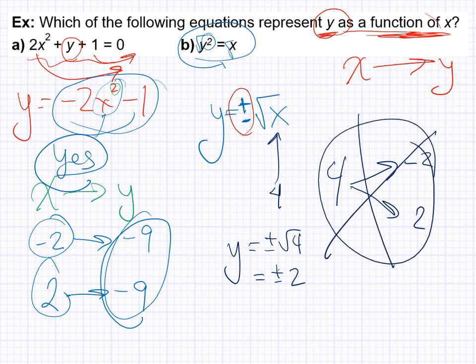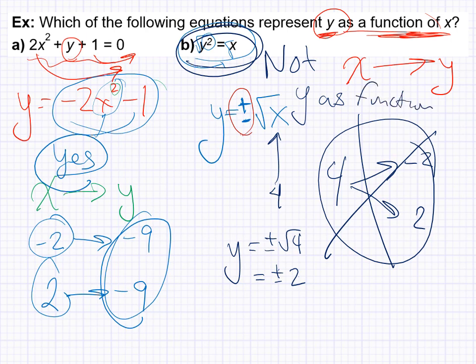So this is not representative of y as a function of x. Okay? So hopefully that gives you a better understanding of how to look at an equation and determine whether or not that equation represents y as a function of x.